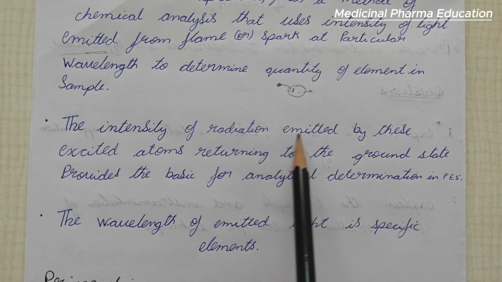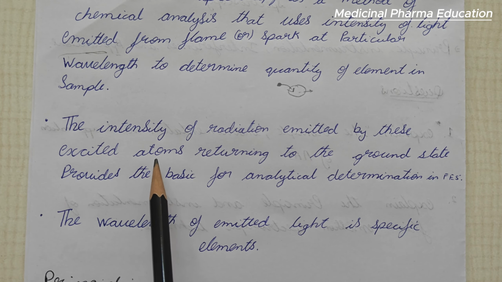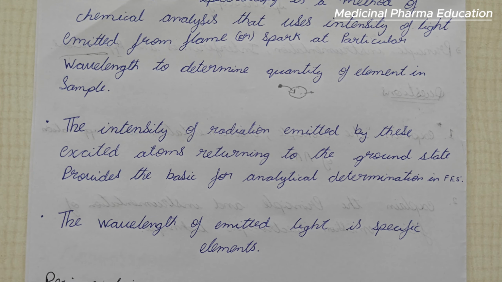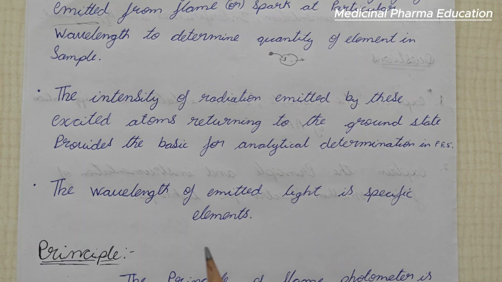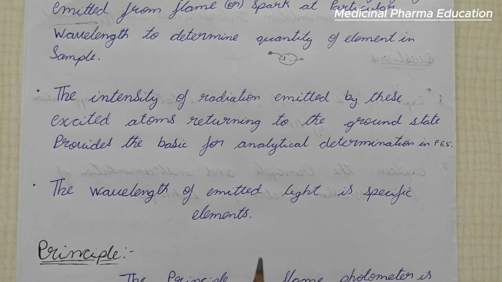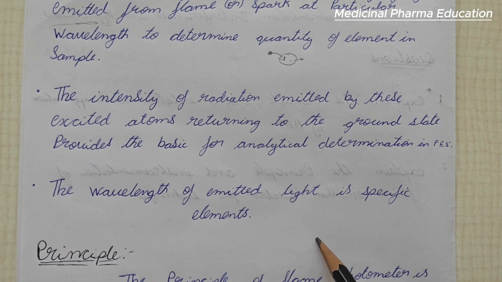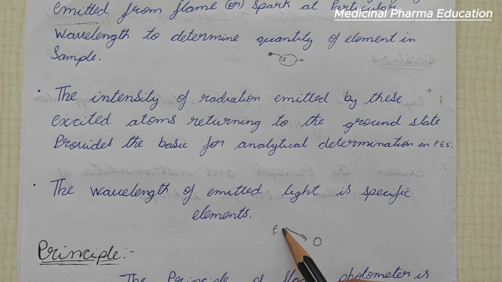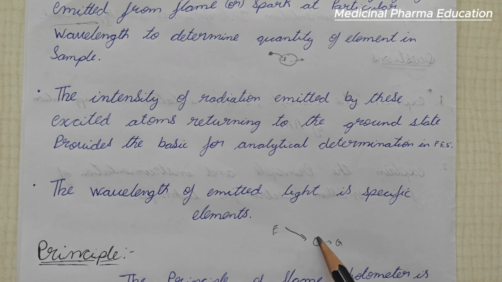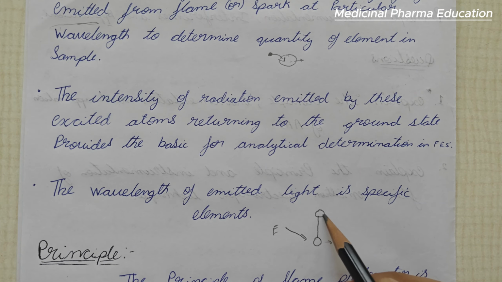See, the intensity of radiation emitted by the excited atom. I'll just explain the basics of how the mechanism works. This is an atom. It absorbs the energy or light or radiation and is present in the ground state. After the absorption, it moves to the excited state where it is unstable.